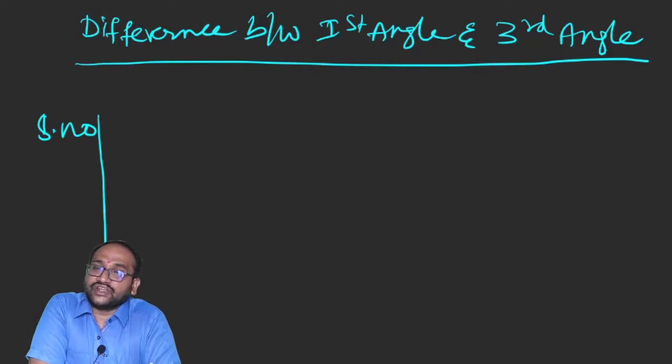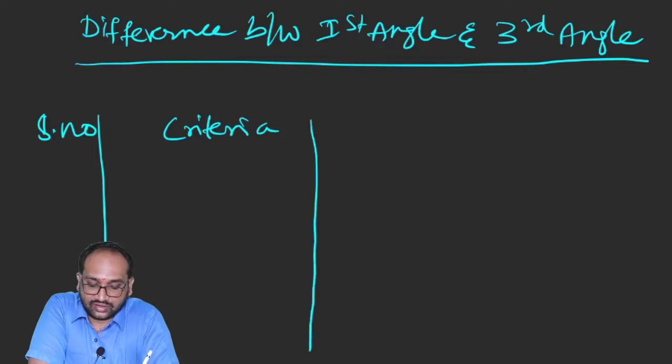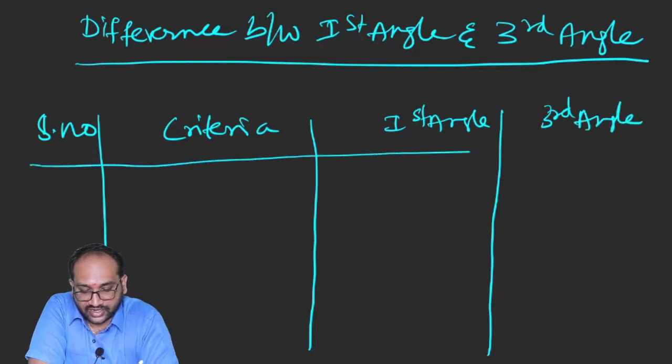First one is serial number, second one is criteria, third one is first angle, and the next is third angle.